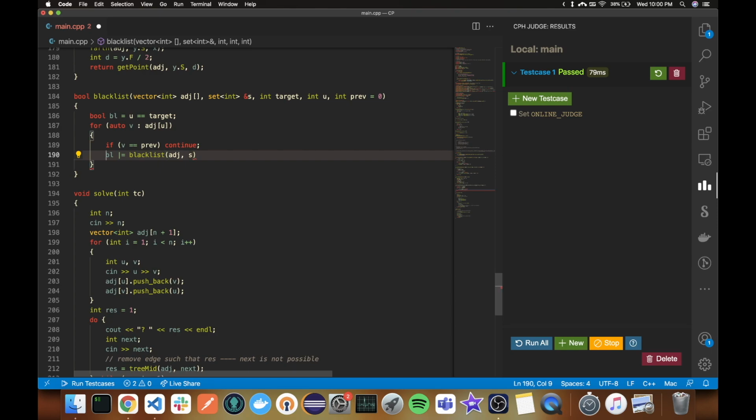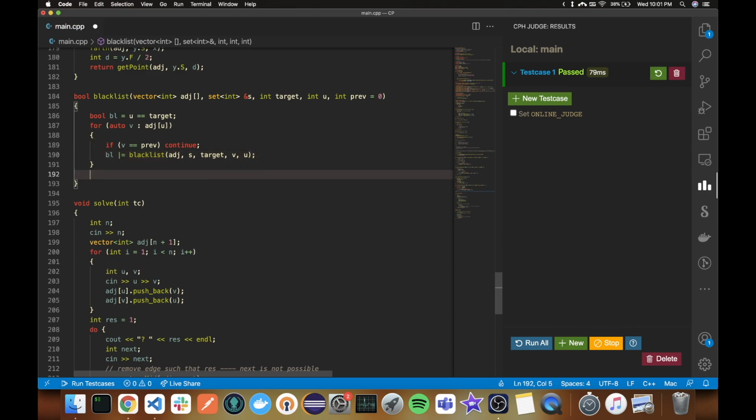Okay, and S, and then whatever the target was, now V and U. This is the case.